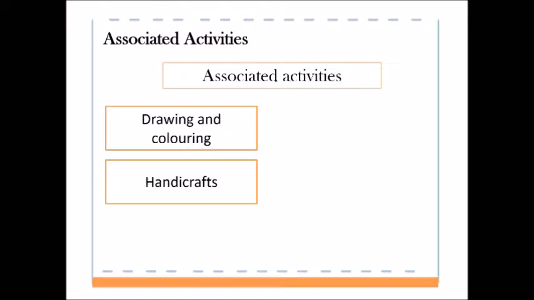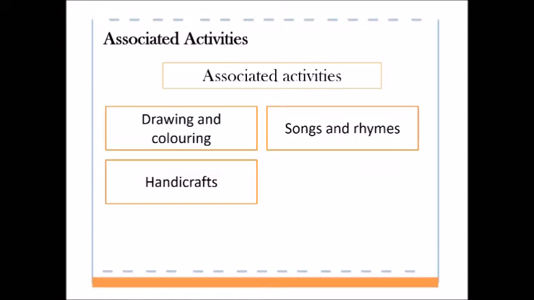The next is handicraft. The children can be encouraged to create their own maps, have models of streets and buildings inspired by the characters and places in the book they have enjoyed. And the next is songs and rhymes.